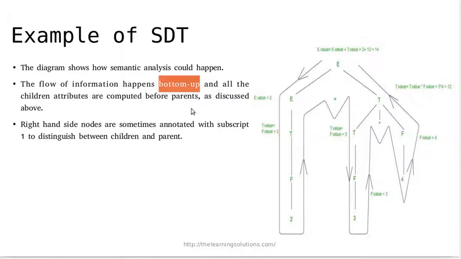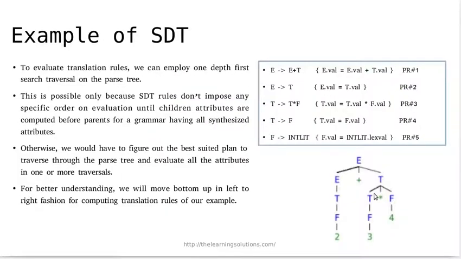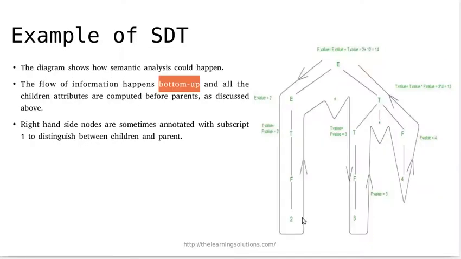So it will be 2 plus 3 into 4, and the outcome will be 14. Just start applying the given semantic rules from the bottom. The given parse tree is like this. Simply start from this 2 and start applying the given semantic rules there.